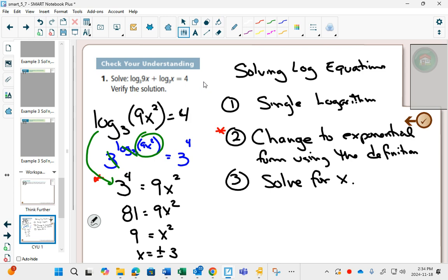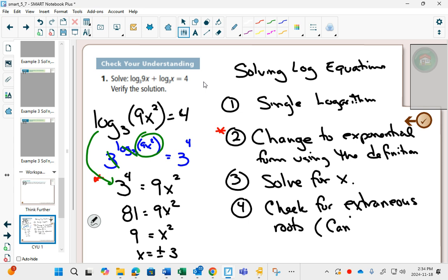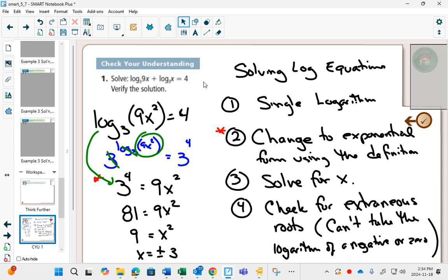But step 4, we're going to have to check, remember this word here, for extraneous roots. We're going to check for extraneous roots because you can't take the logarithm of a negative number or 0.